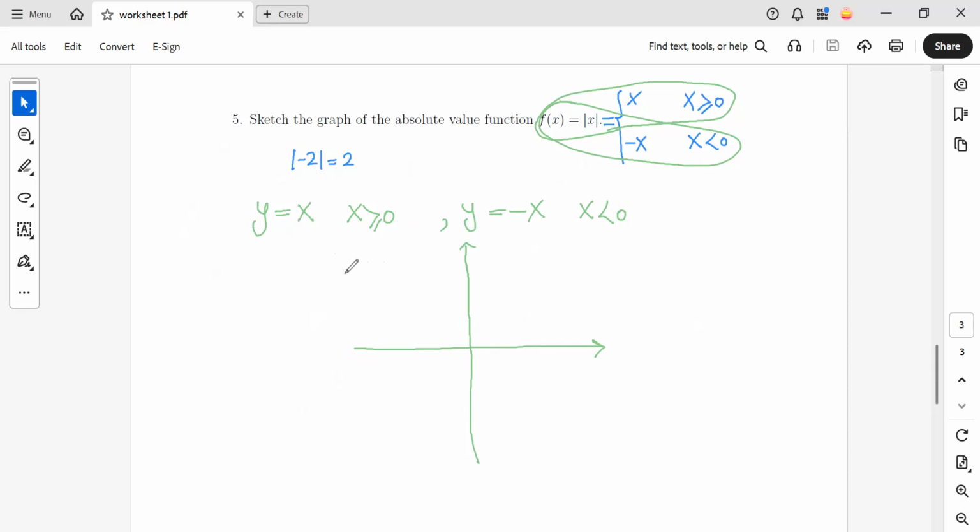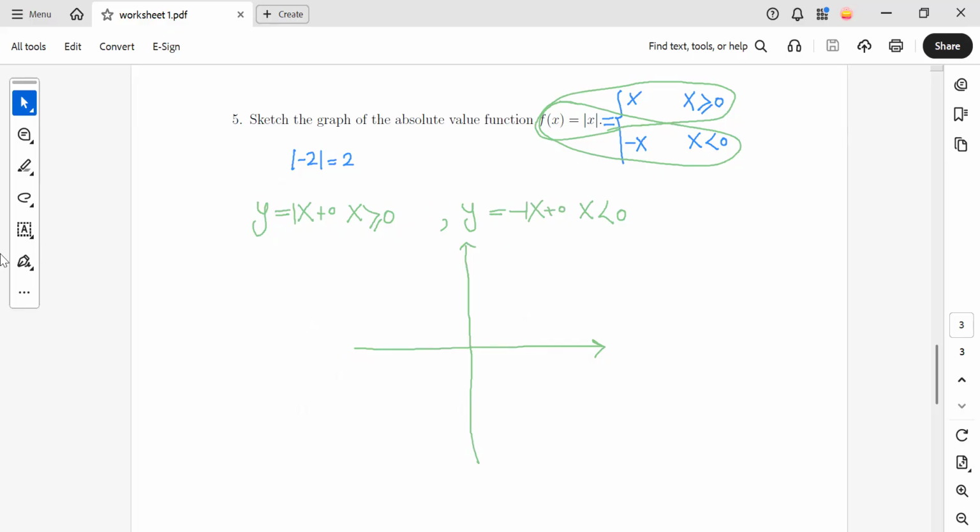I can find 2 points, or I can use slope and intercept. If you want to choose intercept in here, keep in mind that it is exactly 1 times x plus 0. And the other one is negative 1 times x plus 0. So we used y-intercept for the first question.